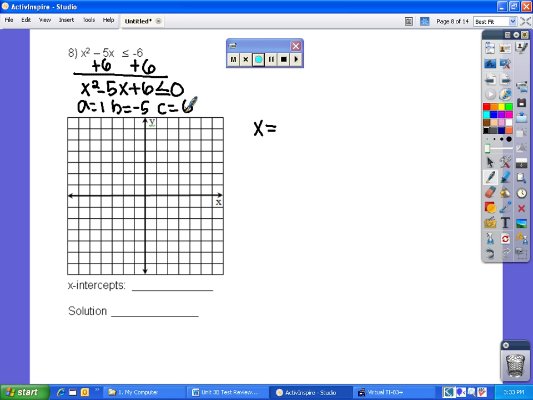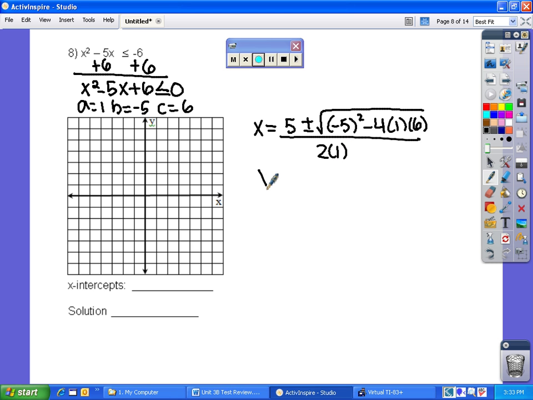Okay, x equals negative b plus or minus the square root of b squared minus 4ac, all over 2a. So we have 5 plus or minus, that becomes 1.